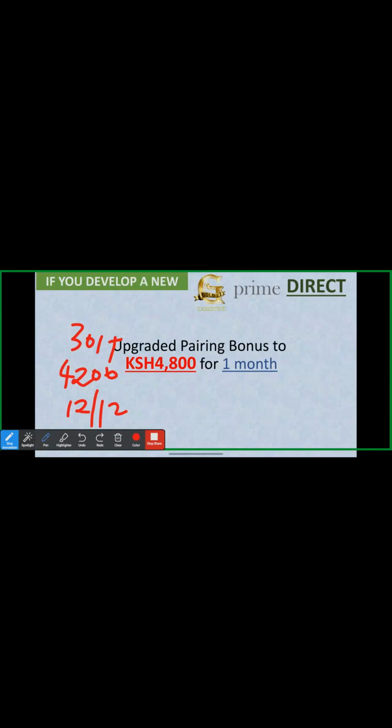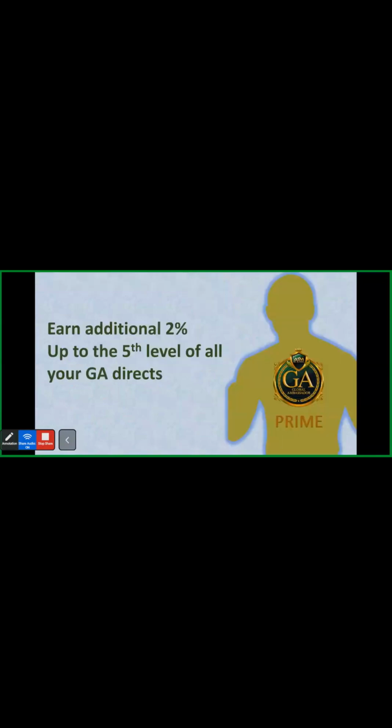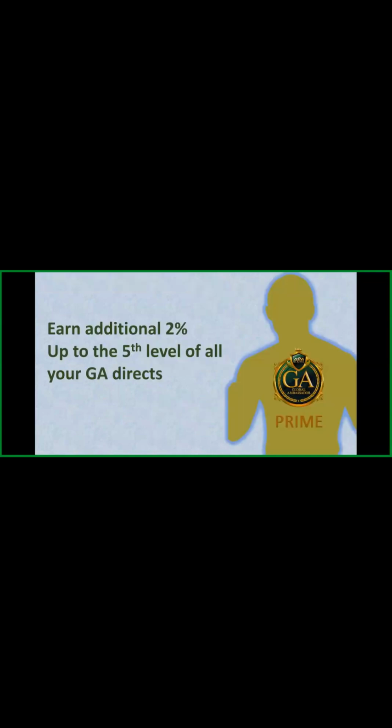So when that is that, utarudishwa kwa ile ya 4,800 for one full month, and your pairs are going to be 12 out of 12, and then you will earn an additional 2%. Hey, system iko na pesa mingi. When we talk about the GA, sasa tuko kwa GA, tushamaliza GE, tushamaliza gold executive prime. So right now we're talking about GA. You're going to earn an additional 2% up to the 5th level of all your GA directs.